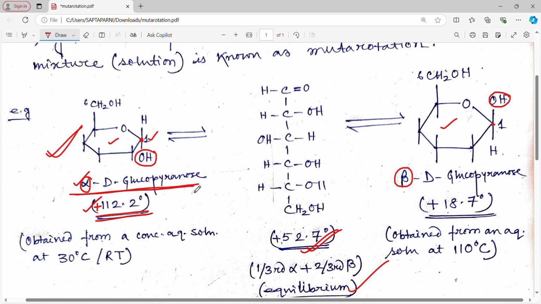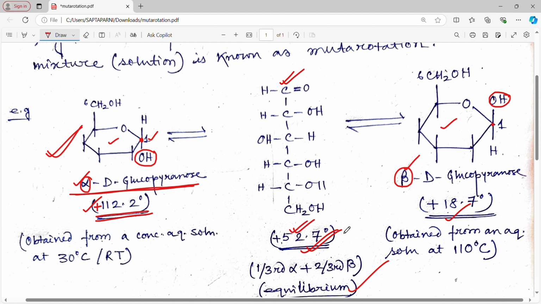At 52.7 degree, you will see that there is a free or open chain structure of the D glucose. Similarly, on the other hand, the initial optical rotation of the beta D glucose or beta D glucopyranose is plus 18.7 degree, and after a few hours it slowly changes and attains this value, plus 52.7 degree.